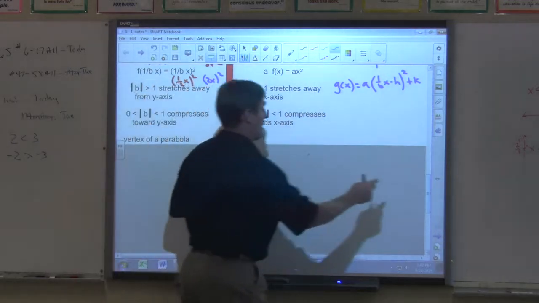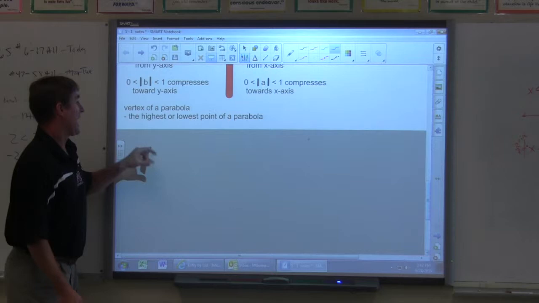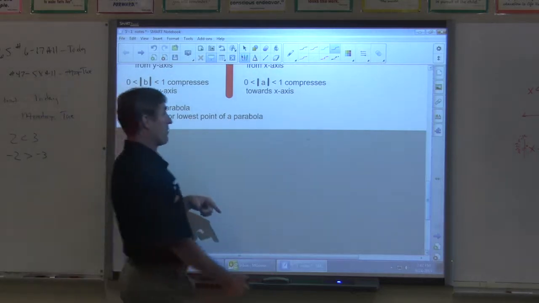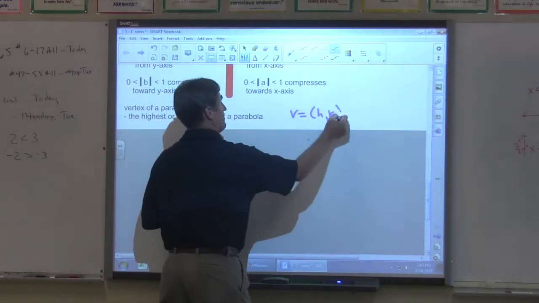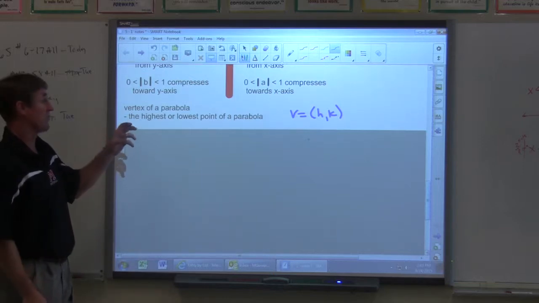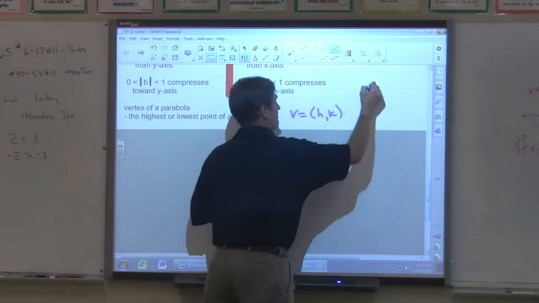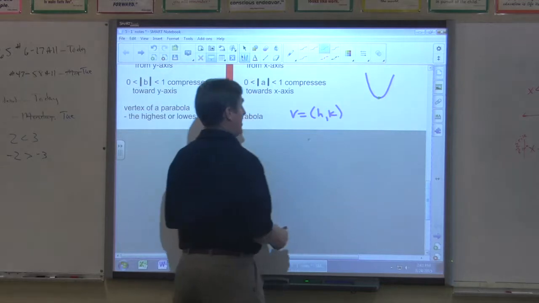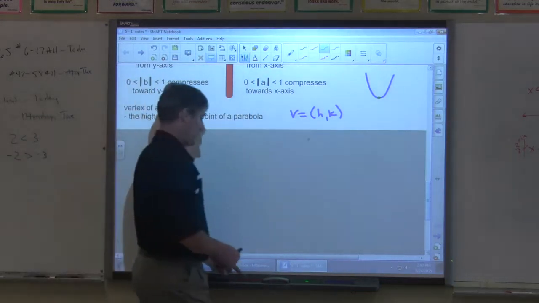The vertex of a parabola, remember, is the turning point. And that's the highest or lowest point of a parabola. And if you remember, the vertex, just like before, the vertex is hk of the parabola. So when it's in vertex form, we can find that. If it opens up, the vertex is going to be the lowest point.